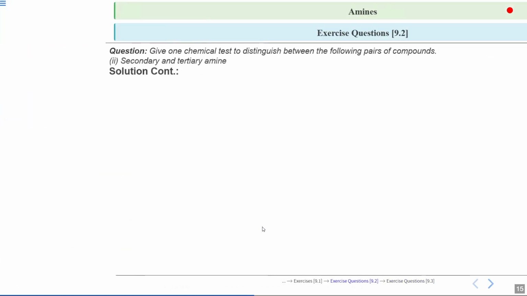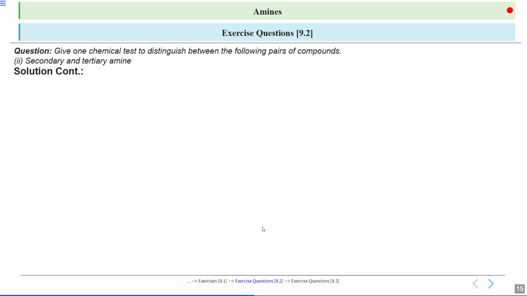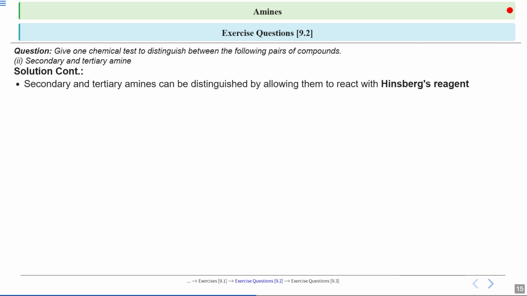Now let us move to the next part. The next part is between secondary and tertiary amines. If we have to distinguish between a secondary and a tertiary amine, we can use Hinsberg's reagent, which is C6H5SO2Cl.